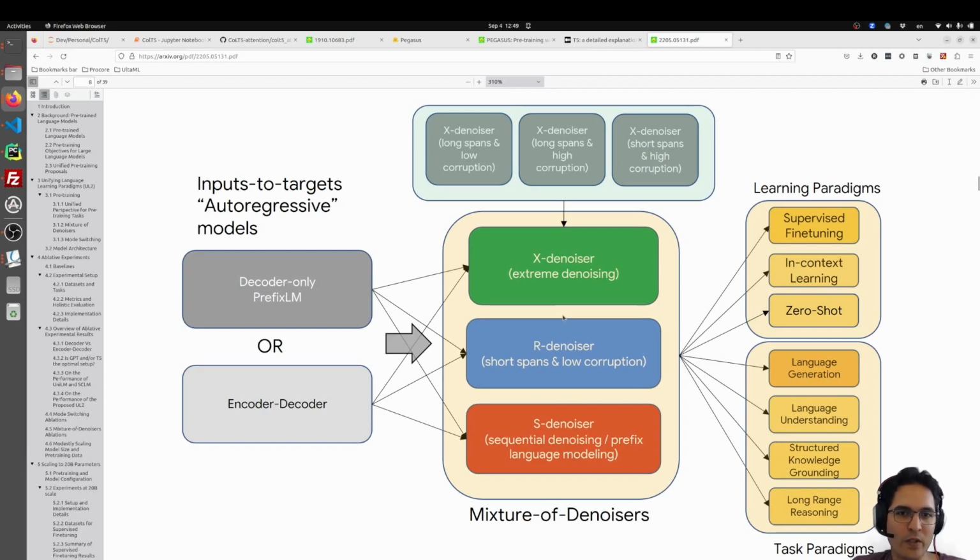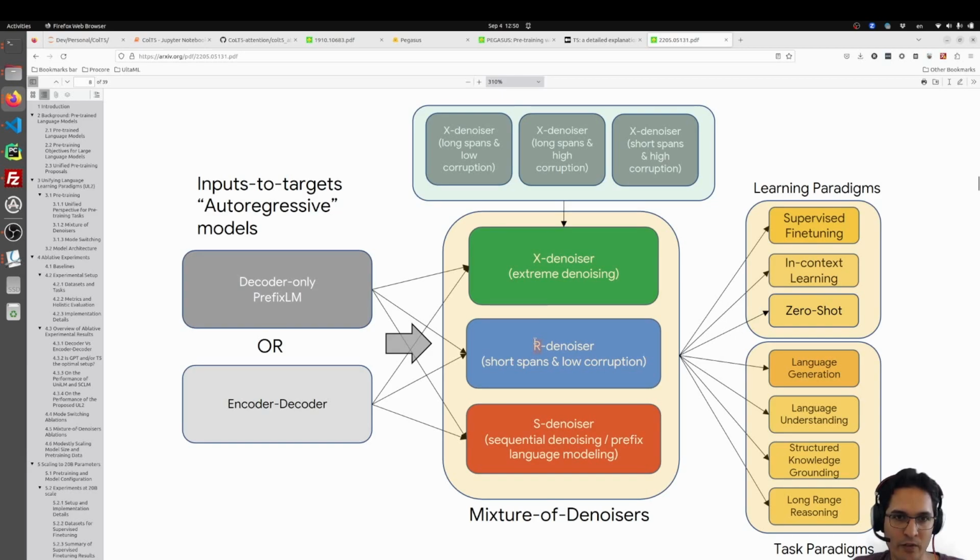The mixture of denoiser paradigm for training means that you can have a token X, so bracket open, bracket close, and inside there is X or R or S, and you can decide what is the kind of data. So instead of training just one model with just one mask or replacing or stuff like that, you will have some specified token.